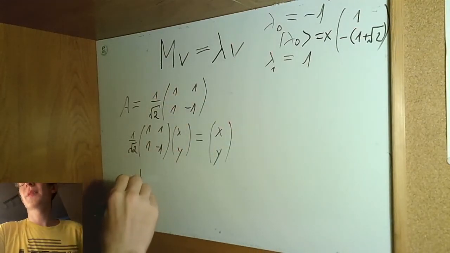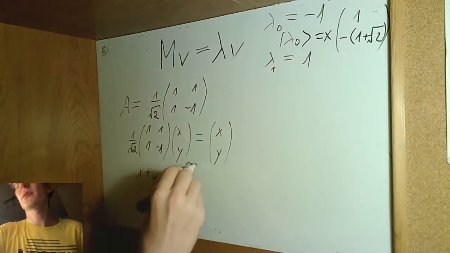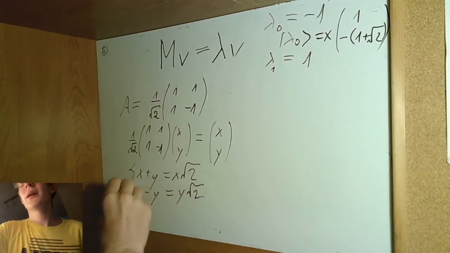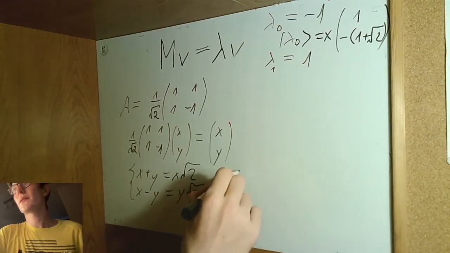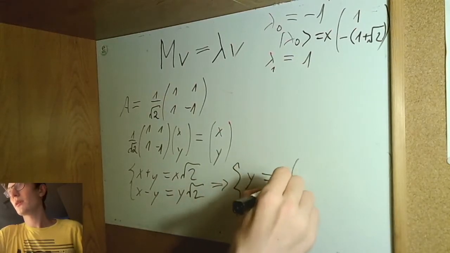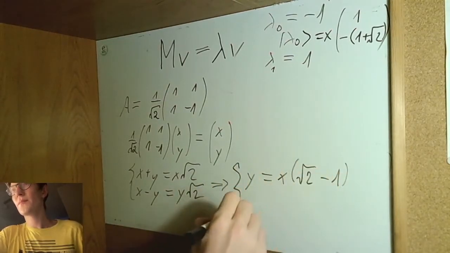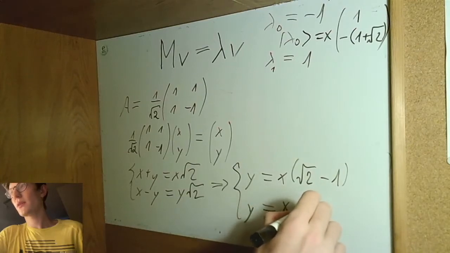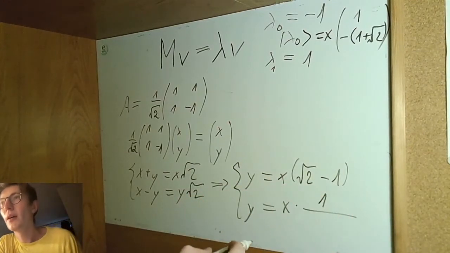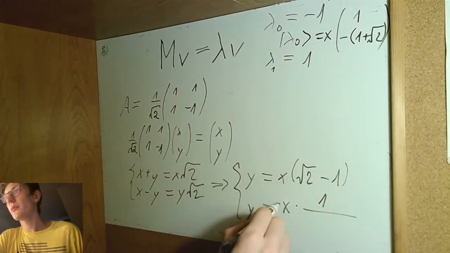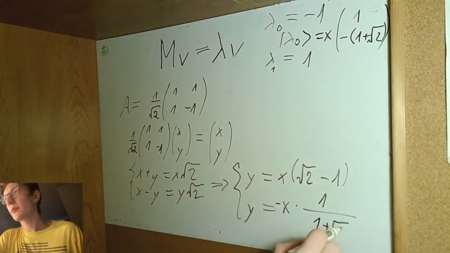So it's x plus y equal x square root of 2, x minus y equal to y square root of 2, and this gives us something very similar, probably, because it's square root of 2 minus 1, and here we get y equal to x times 1 over, actually there will be minus 1 plus square root of 2, okay?